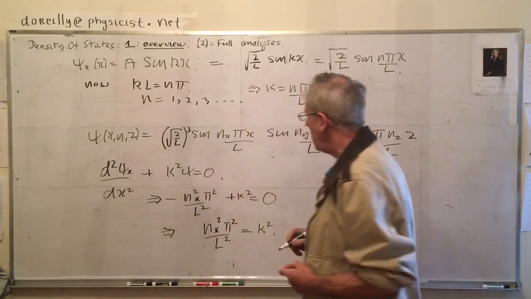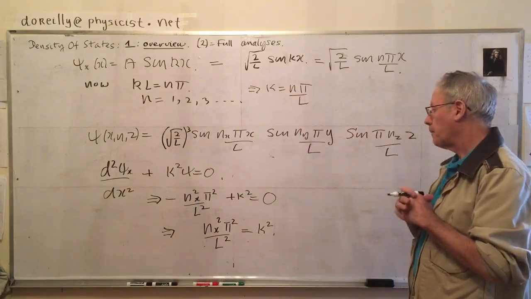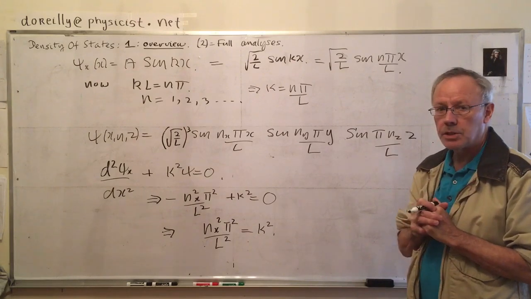So now we have two spaces, n space and k space. Okay, so far so good?